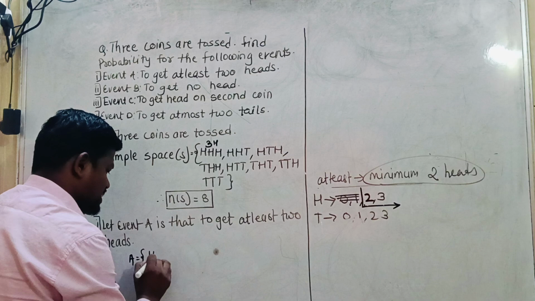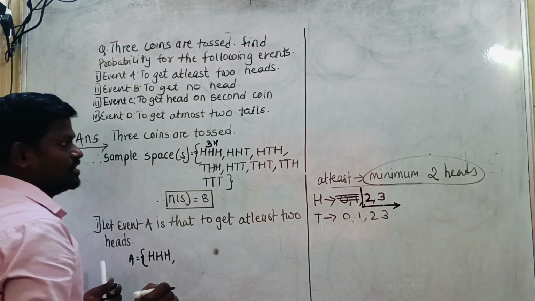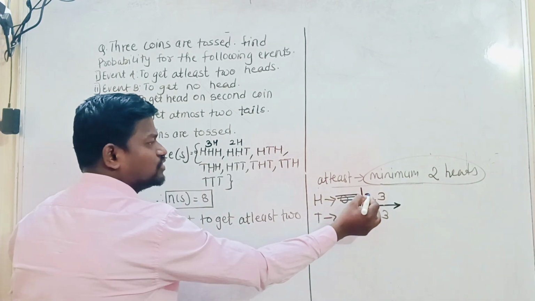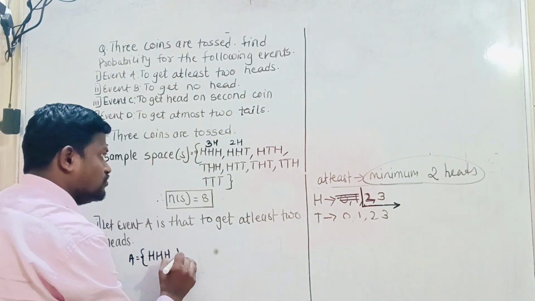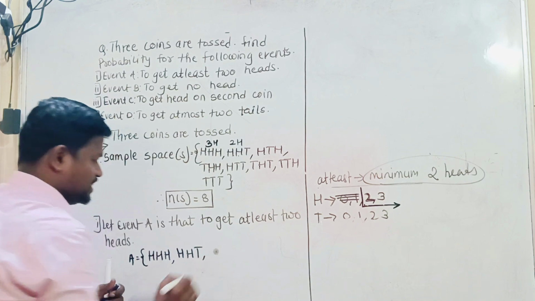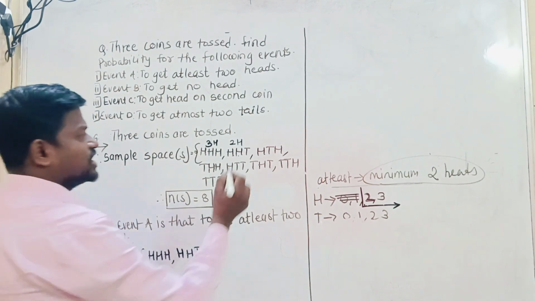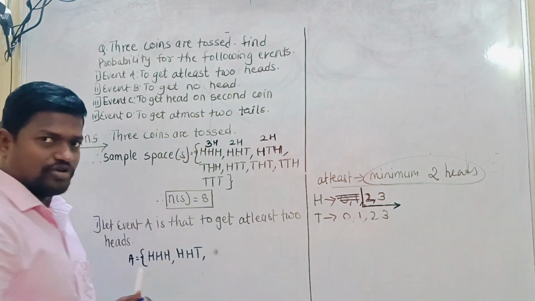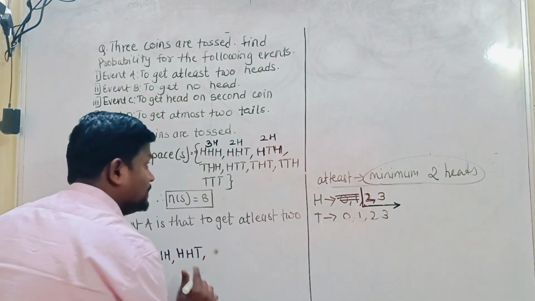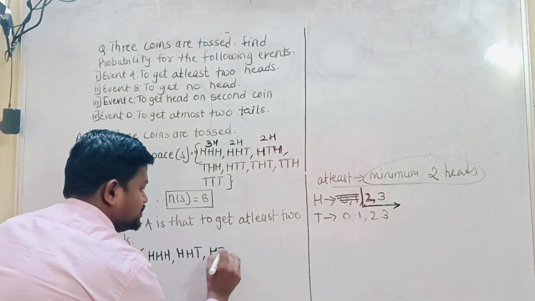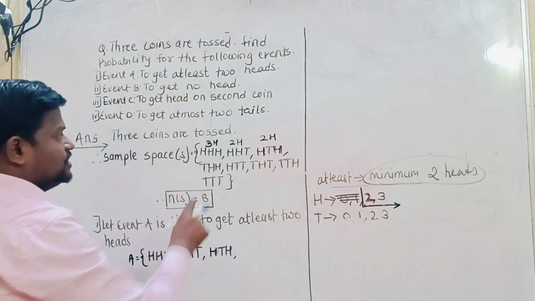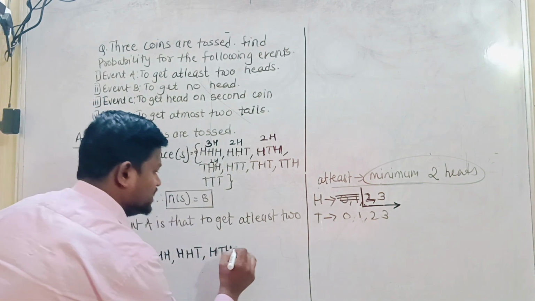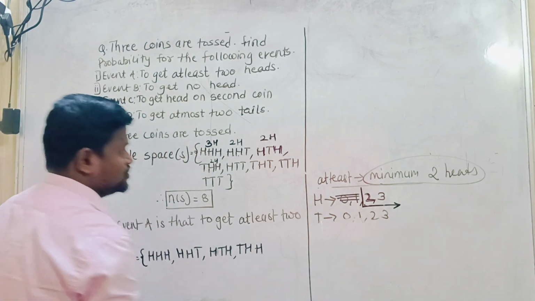So write down HHH. Next, HH, 2 heads, we have to consider, so write down HHT. Then HTH, here we also find two heads. Write down THH, here we also find two heads.